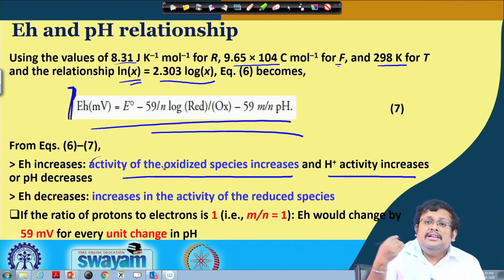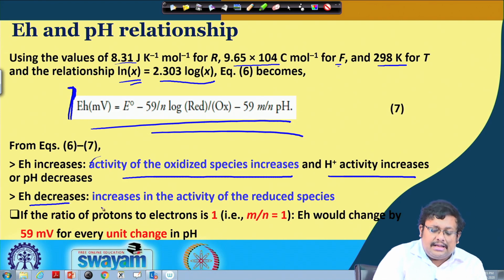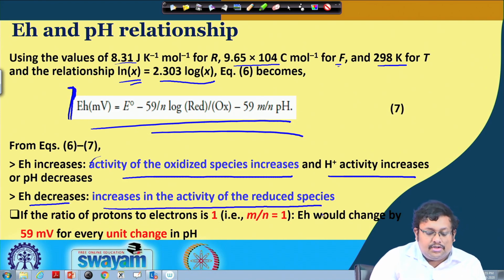As EH decreases, vice versa, the activity of the reduced species increases. If the ratio of protons to electrons, m by n, is equal to 1, EH would change by 59 millivolt for every unit change in pH.